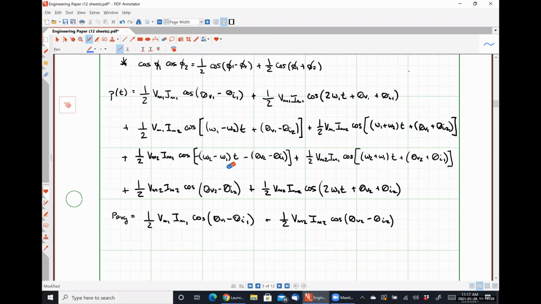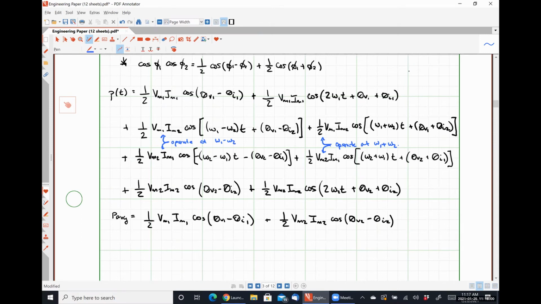These guys operate at omega 1 plus omega 2. So we could combine them into single terms. So instead of having 8 different terms, we should be able to pare it down to 5.